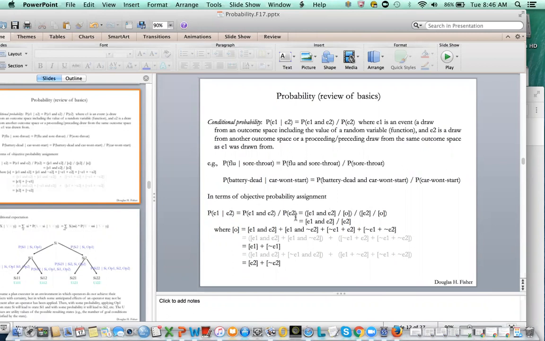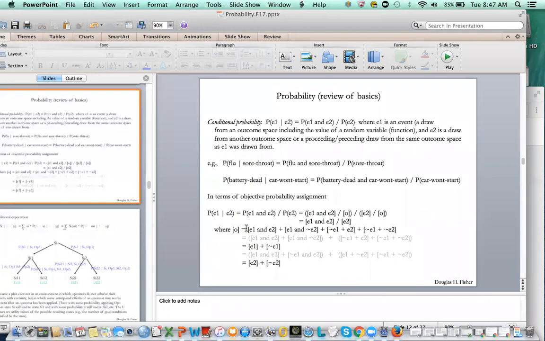The probability of E1 and E2 is estimated to be the count of the number of instances that we have observed that show both E1 and E2 divided by the total number of observations that we've made in this domain. And this is divided by an estimate of the probability of E2, which is the proportion of E2 divided by the total number of objects. And so we can rewrite these conditional probabilities as proportions.